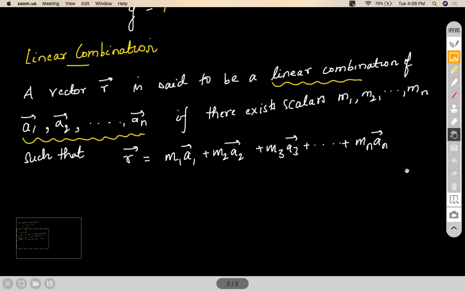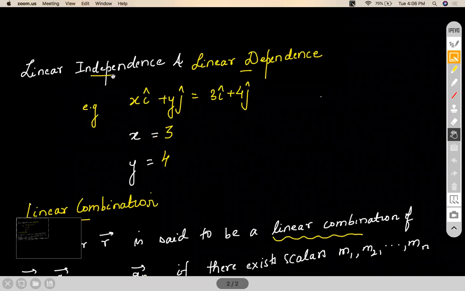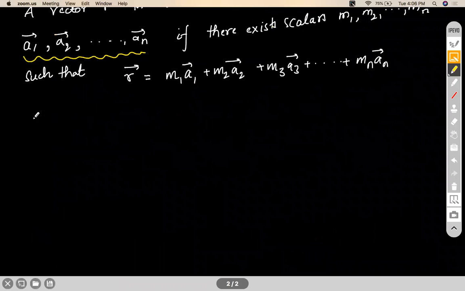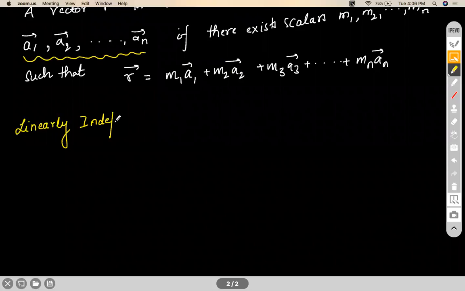Now, what are linearly independent vectors? So let me start with the first part over here. Linear independence. So linearly independent vectors. A system of vectors. Now, please make a note of this.